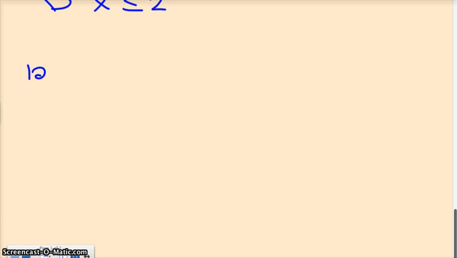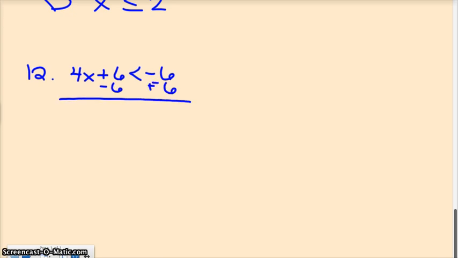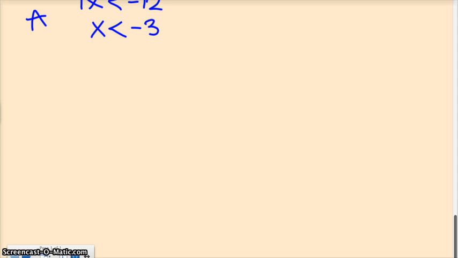Number 12, 4x plus 6 is less than negative 6. I'm going to move my 6 first, adding that negative. 4x is less than negative 12. x is less than negative 3. Dividing through by 4, and that answer is A. 13. 2 times b minus 8 is bigger than 12.